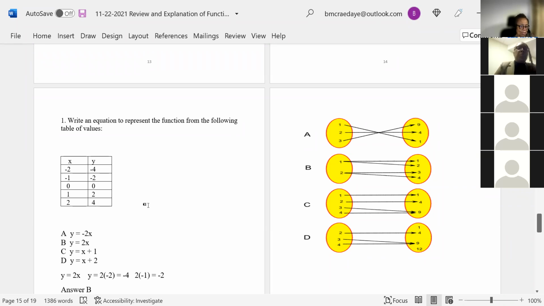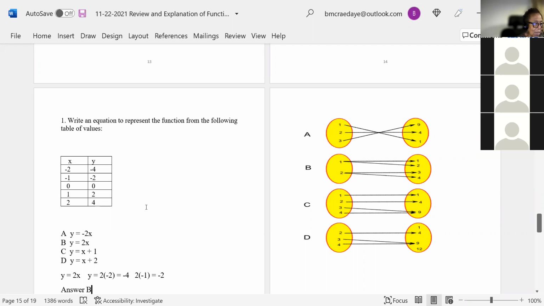This is not a subtraction. If I didn't have these answers and I just had this table, I would look at my x values and my y values and see if I can find the relationship. So I'm looking here, I say 2 and 4, that's 2 times that. 2 and 1, that's 2 times that.